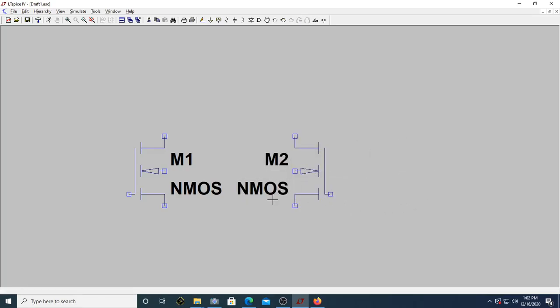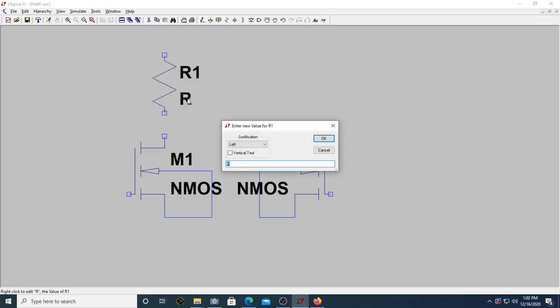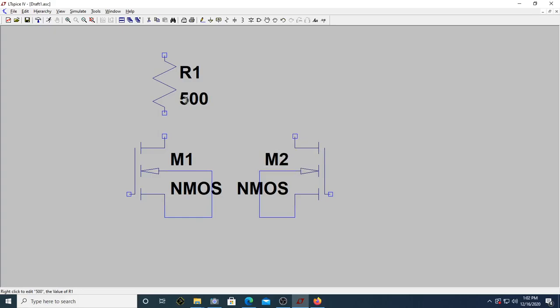Let me construct it. Let me have a resistor of maybe 500 ohm. Let me have a copy of that and put it over here. This is R2, this is fine, and let me connect those things.